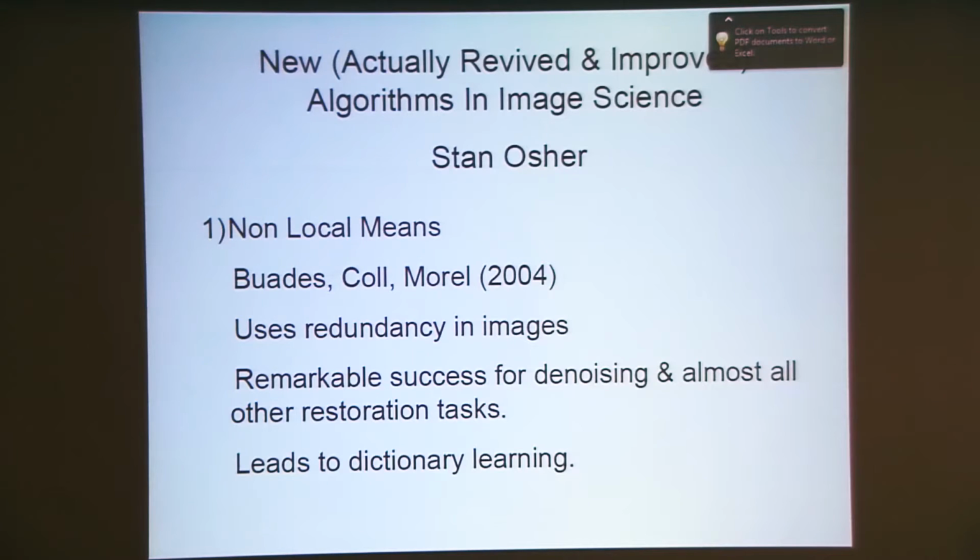So to reconstruct an image, you can take a few patches of the image itself and use them, even if they're noisy, to remove noise all over the place and reconstruct. So this idea of non-local means has led to dictionary learning, and it basically means averaging over image space. I'll give you equations in a minute, and it's been a terrific success.